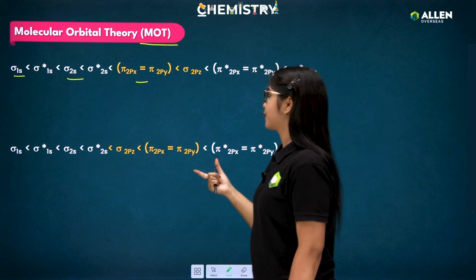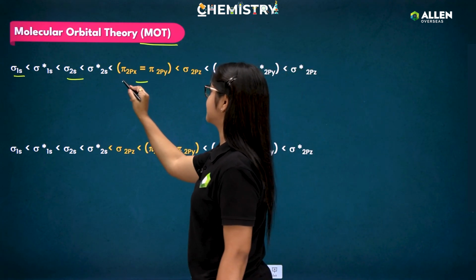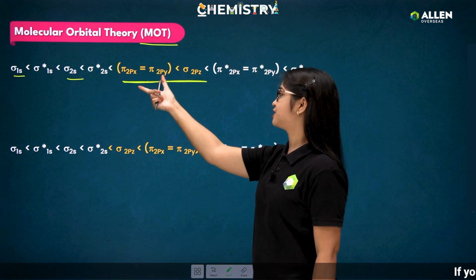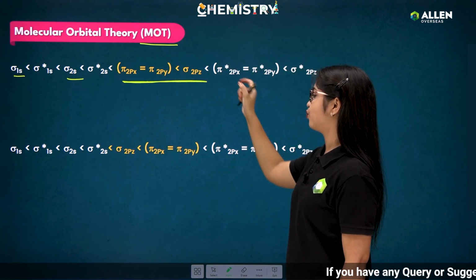In this order, pi 2px and pi 2py have less energy, and sigma 2pz has more energy.